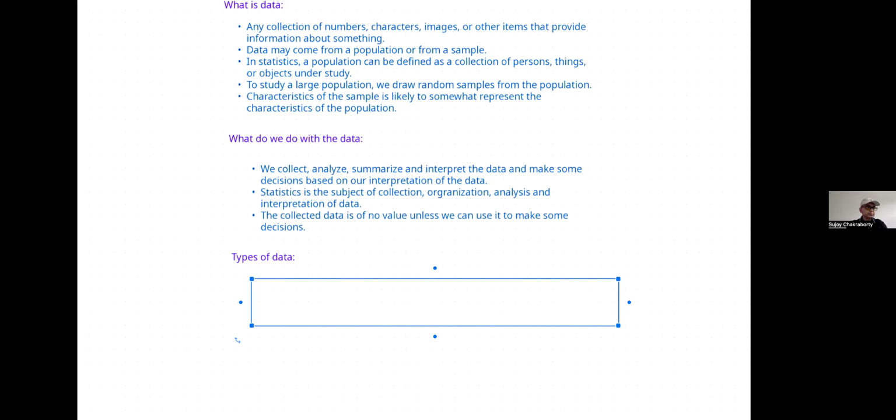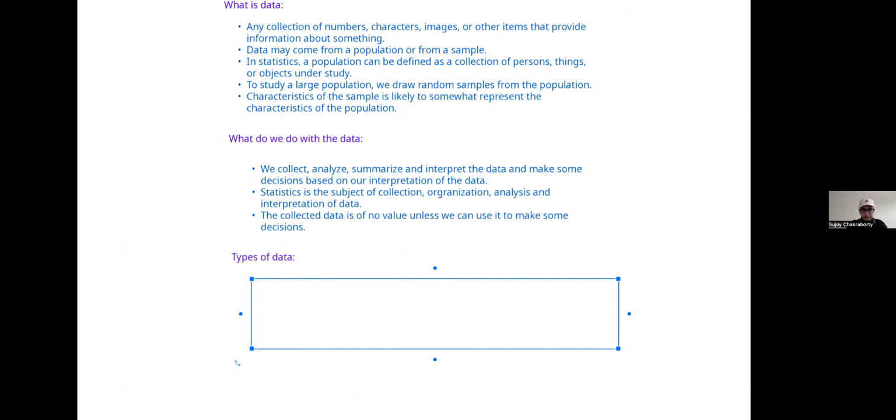For example, hair color of a group of people that we observed, or the blood group, or ethnicity, etc.